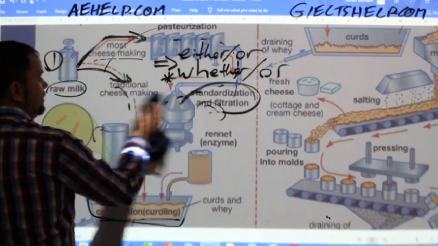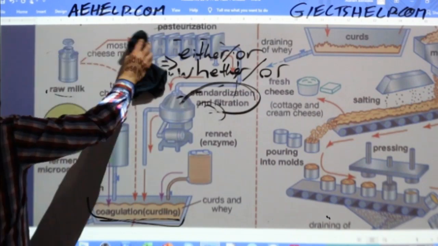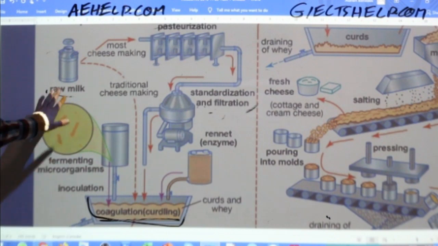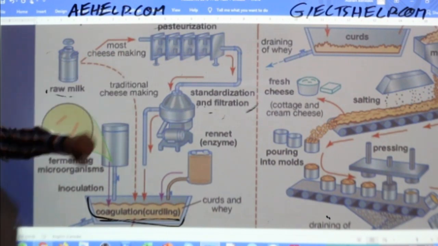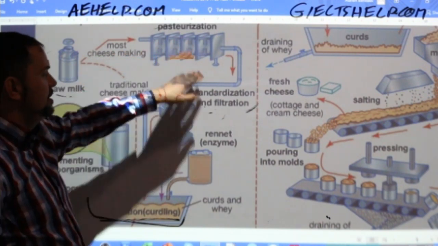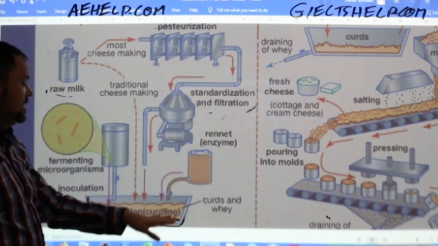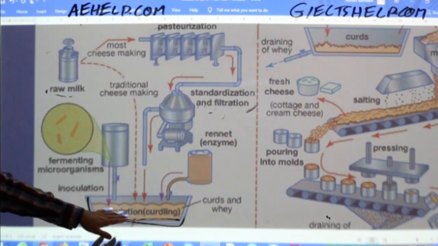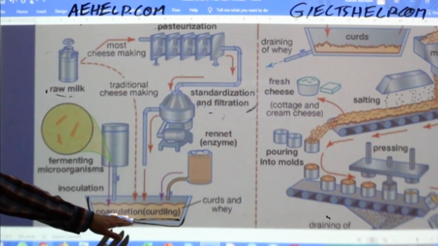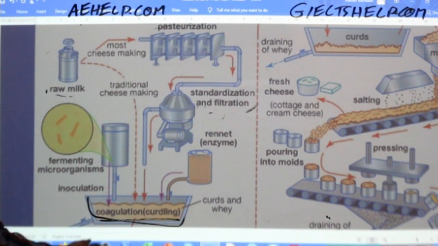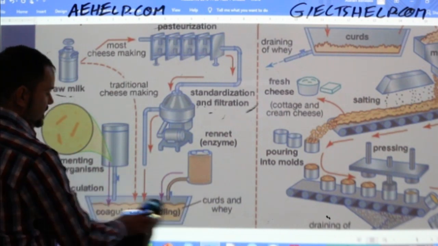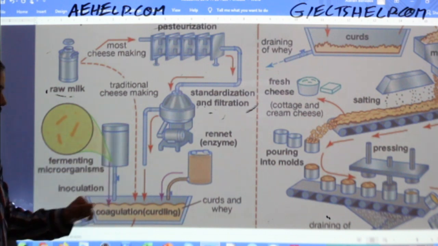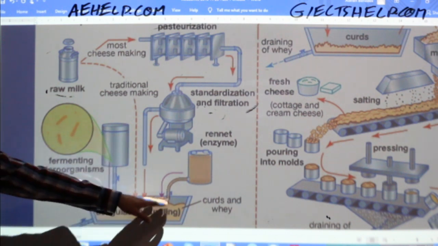I'll write this first piece, starting with the raw milk, most cheese making, pasteurization, filtration, enzyme curdling, or traditional cheese making directly into the curdling and coagulation. Okay, obviously, fermenting microorganisms are added to this mixture.